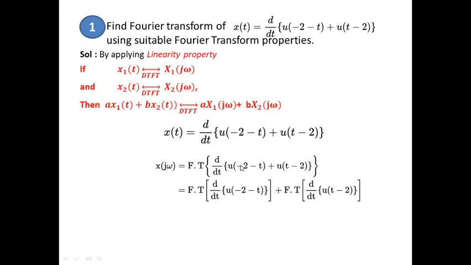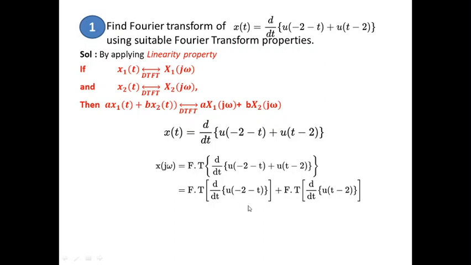Now if you apply the linearity property, the Fourier transform of one signal plus another signal will be the Fourier transform of the first signal plus the Fourier transform of the second signal. So we get the Fourier transform of d by dt of u of minus 2 minus t plus the Fourier transform of d by dt of u of t minus 2.